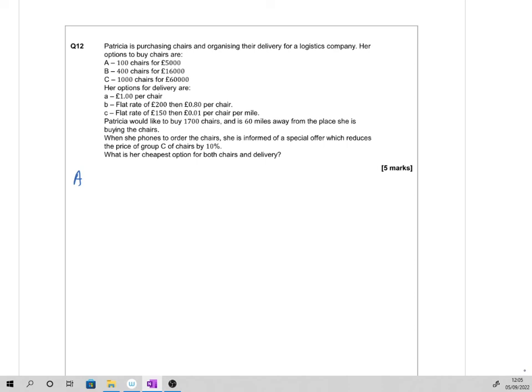A. Oh, how many chairs does she want to buy? 1,700 chairs. So let's find out how much is a chair. £5,000 divided by 100, which is £50 a chair, and B, 16,000 divided by 400, which is 160 divided by 4, which is £40 a chair. And option C is £60,000. Blimey, what are these chairs made of?